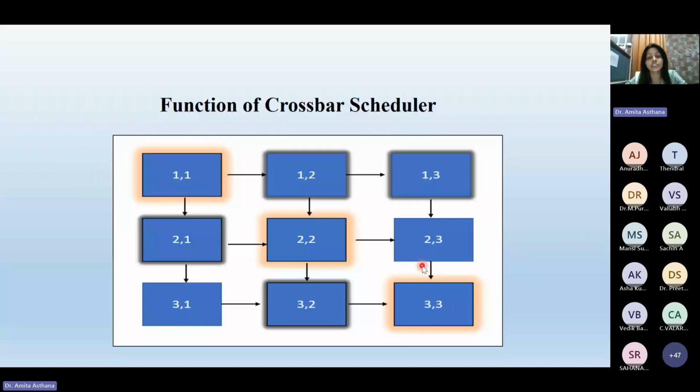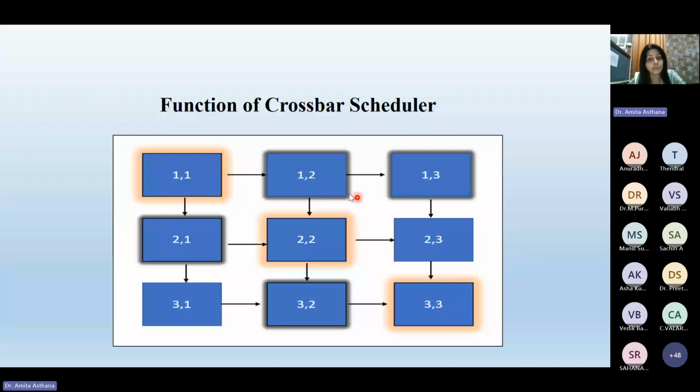Now this is a crossbar scheduler which is following a particular algorithm. Let's say I have a 3 cross 3, that means I have 9 cells, and all the cells are connecting from input to output, and these are the input side and this is the output side, and here it is an intermediate state.